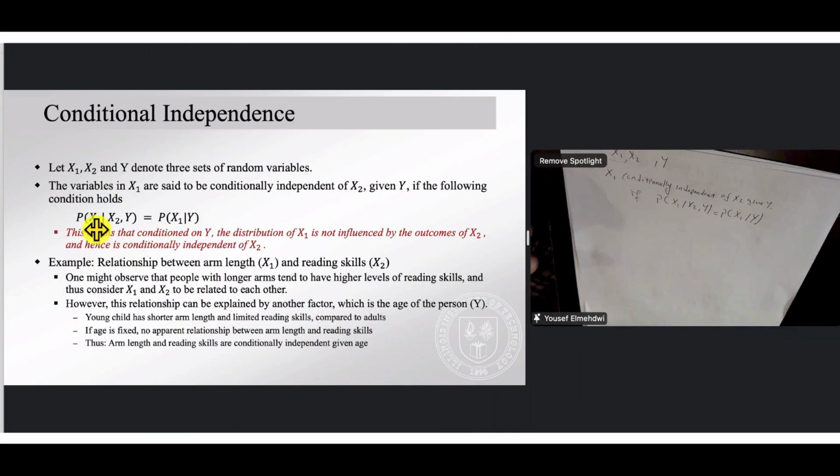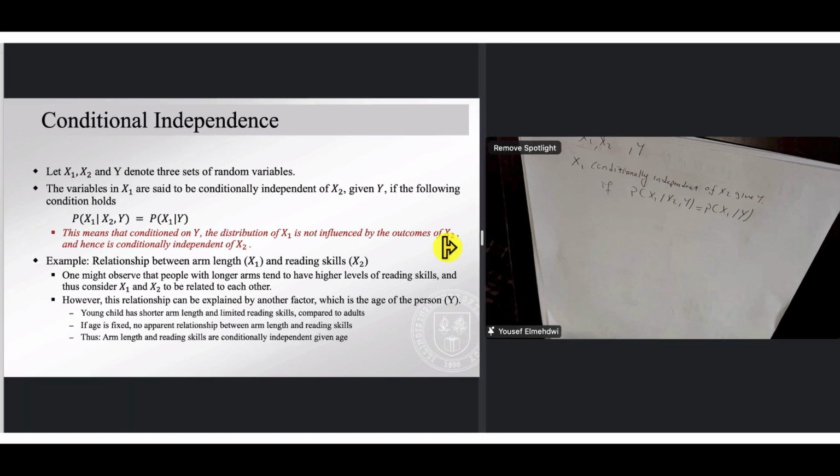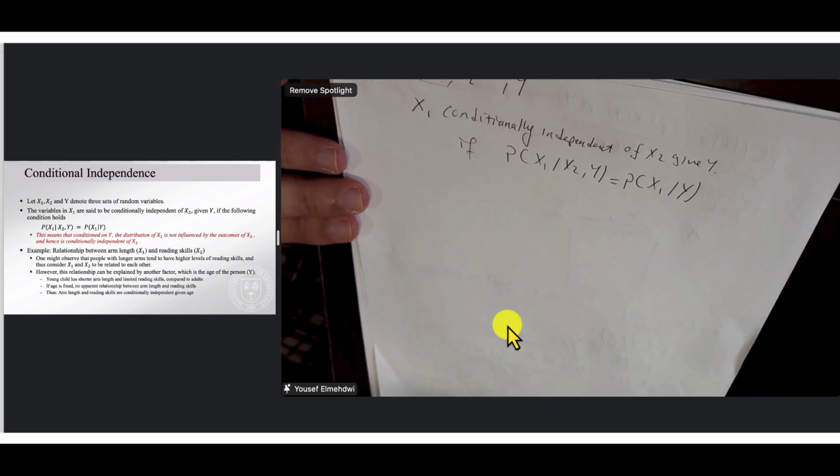That's what we're trying to say here. So the probability of x1 given x2 and y is equal to the probability of x1 given y. In this case, I can say x1 is conditionally independent of x2 given the value of y. If the values of x1 and x2 are independent given y, this is going to help us simplify the computation of the probability of x given y.